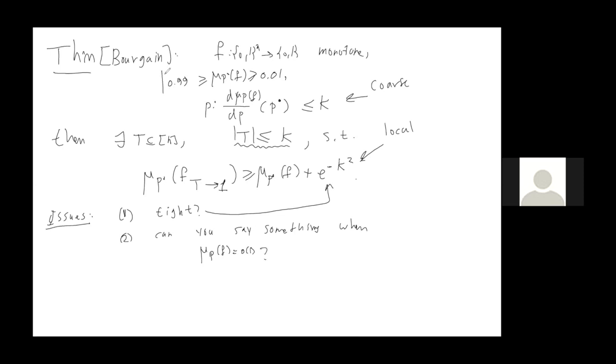Recall that we had this requirement that our measure will be at least some constant. And this is very annoying because sometimes when you want to use it, for example, in extremal combinatorics, the functions that you are dealing with actually have small average, like the dictators, for example. So you really want to be able to say something about this case.